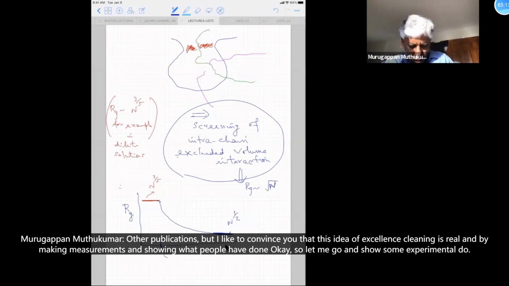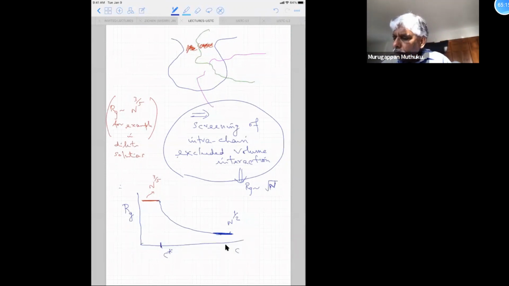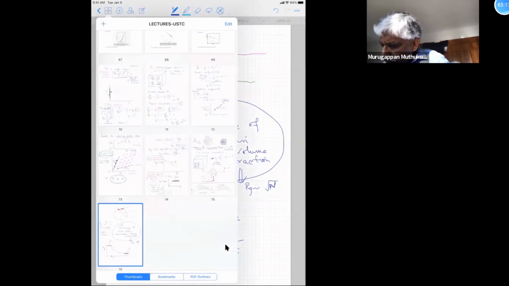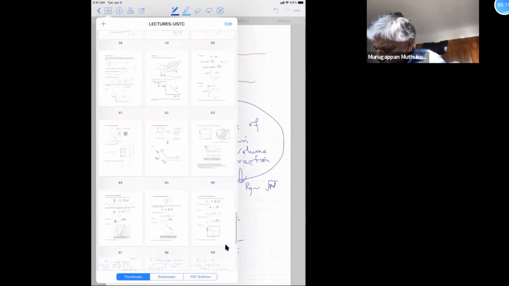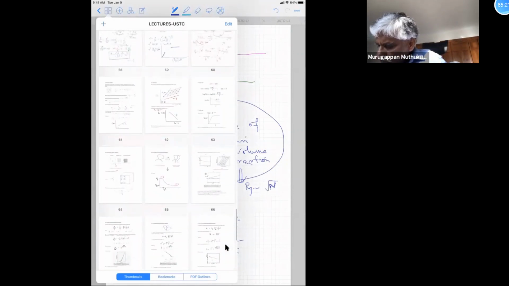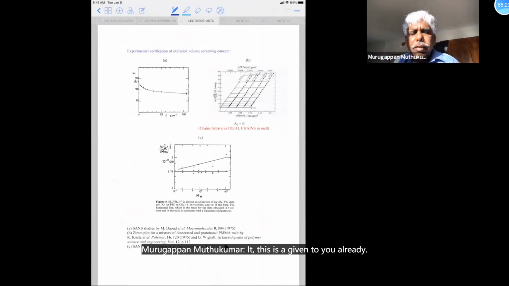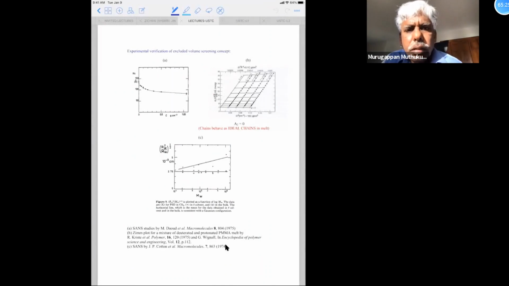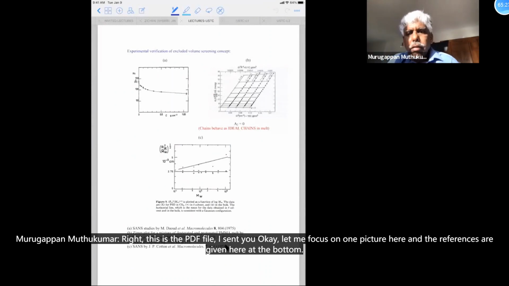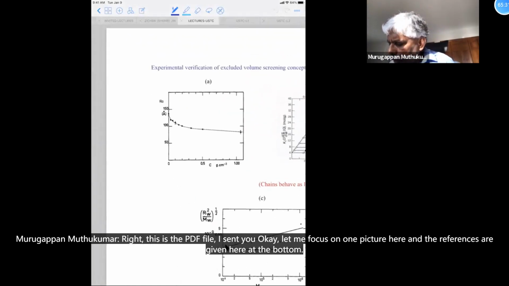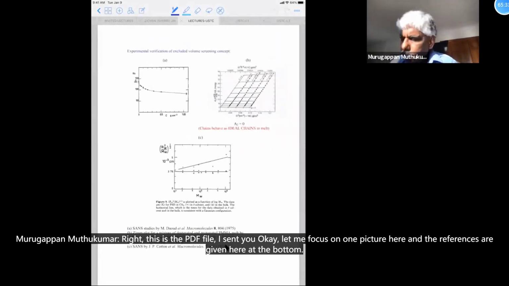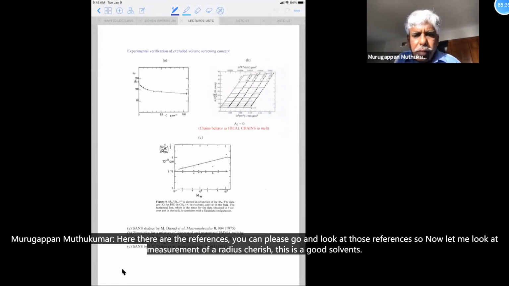So let me show some experimental data. This is given to you already; it is a PDF file I sent you. Let me focus on one picture here, and the references are given here at the bottom. Please go and look at those original references.